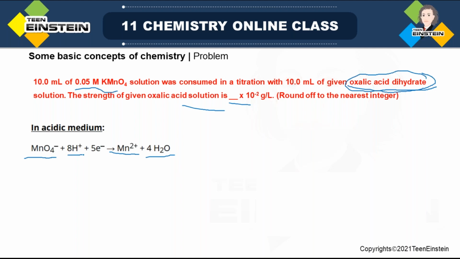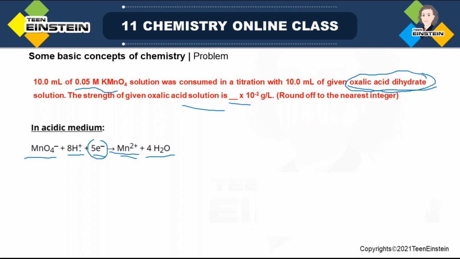And you have to add H in terms of H plus because it is acidic medium. Next step is to balance charge. You have to add 5 electrons on the left hand side. Then only you will see both sides have the same charge. So on the left hand side, 1 negative charge, 5 electrons, total 6 negative charge, and 8H plus, that means 2 positive charge, and on the right hand side also it is 2 positive charge. So the number of electrons involved, total 5.